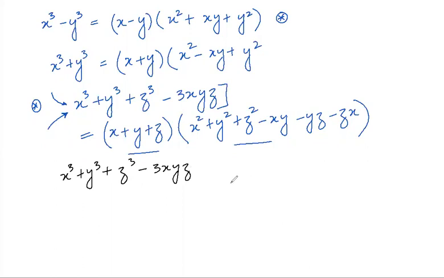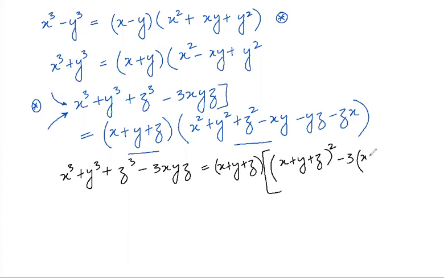Minus 3xyz is also equal to, students, x plus y plus z into, with bracket, x plus y plus z whole square minus 3 into xy plus yz plus zx.